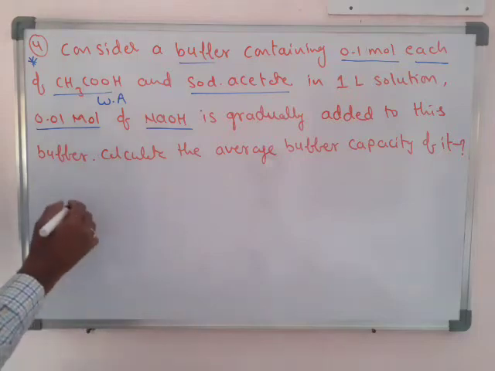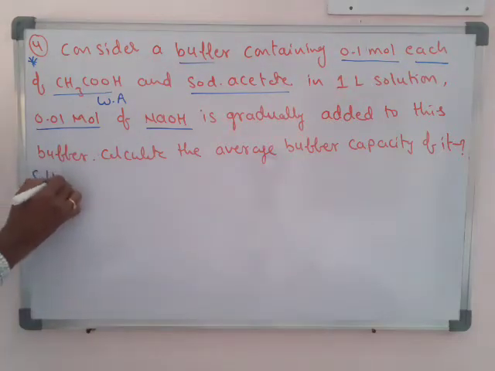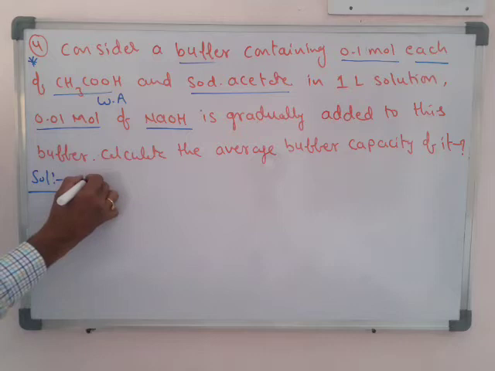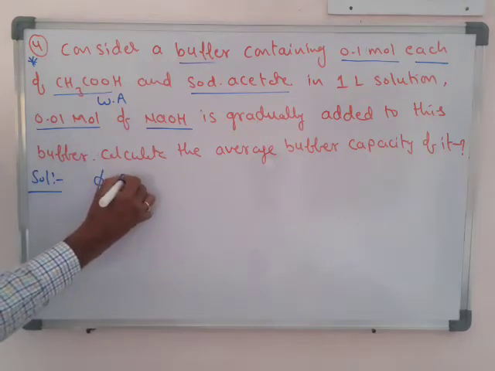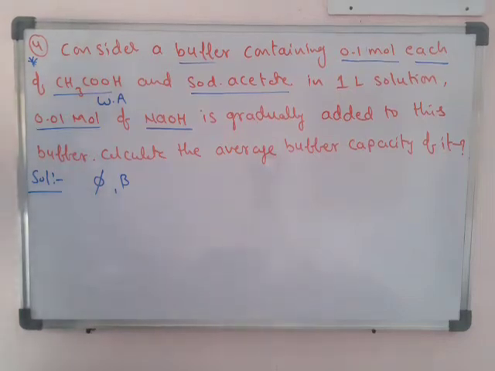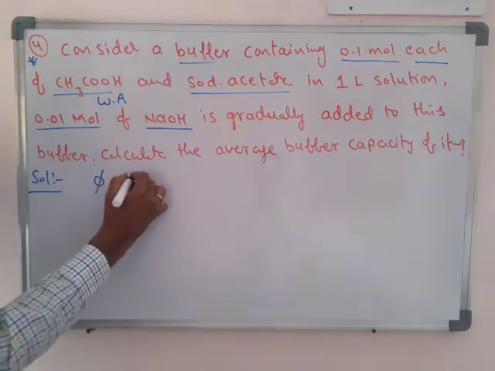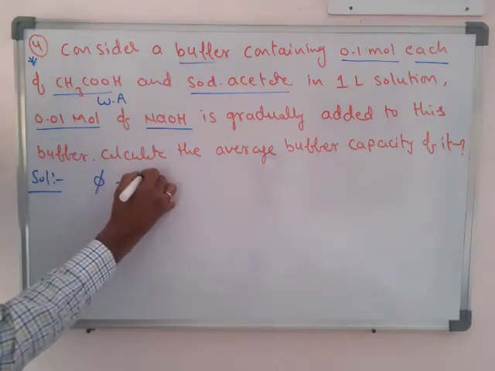So we know the buffer capacity formula. Buffer capacity is generally given with the symbol phi. In some books it is also given as beta. We can follow any of them. So already we followed this, phi equals, what is the formula for buffer capacity?